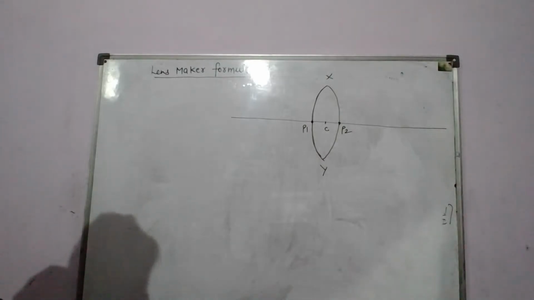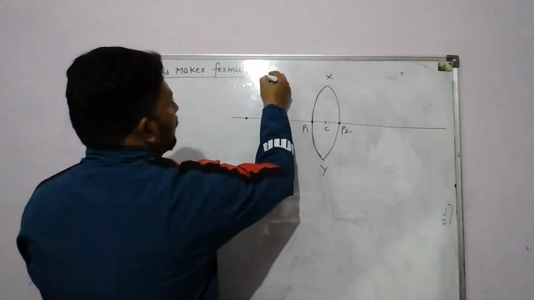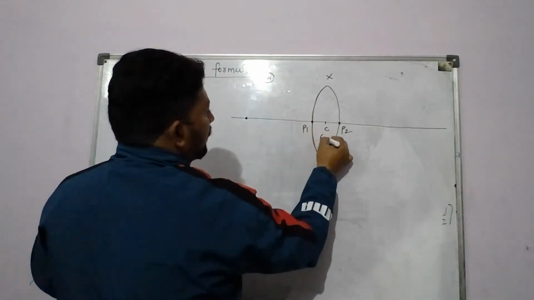So just understand, this is your object, this is your mu1, and here is mu2.